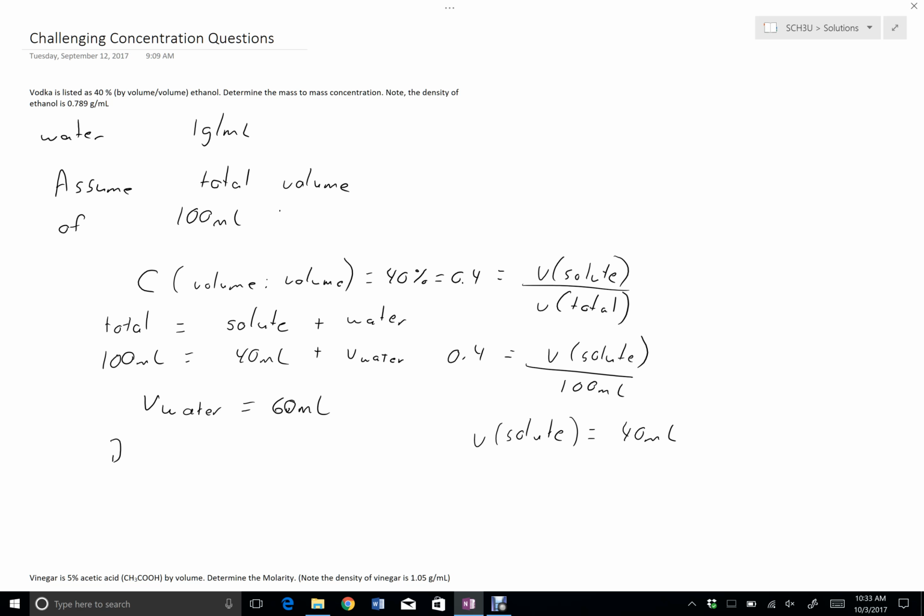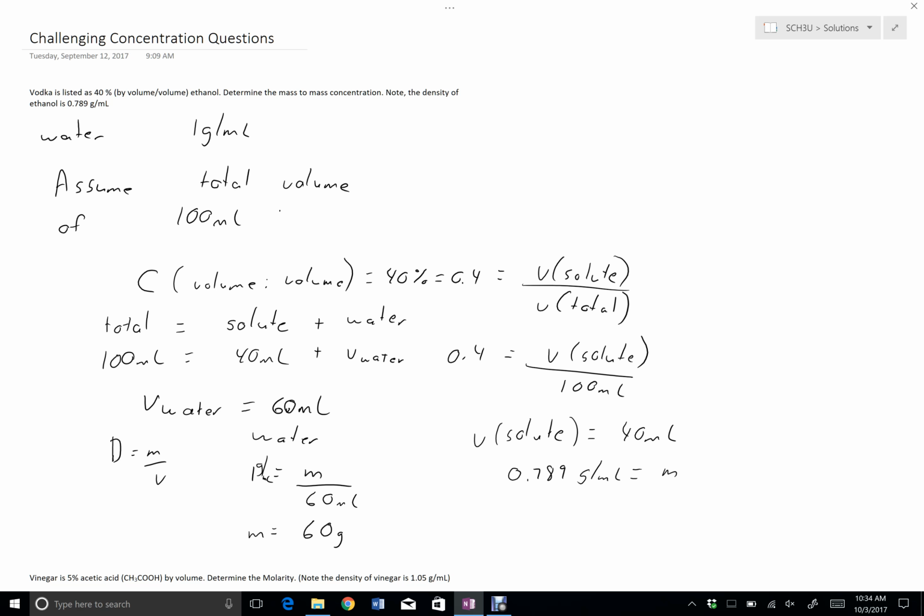So density equals mass over volume. So for the water, 1 is equal to the mass, 1 gram per milliliter, over 60 milliliters. And so my mass of water is 60 grams. And for my solute, which is alcohol, my density is 0.789 grams per milliliter.